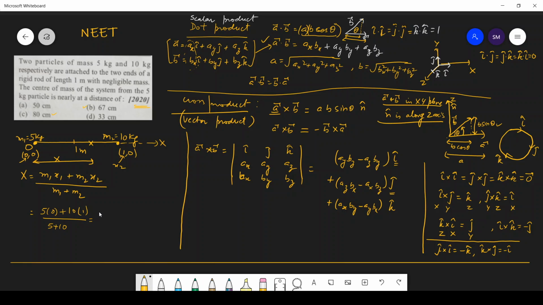And this comes out to be 10 upon 15 meters, right? Because the options are in centimeter, so that's 0.67 meters, which equals 67 centimeter. So that's the correct answer.